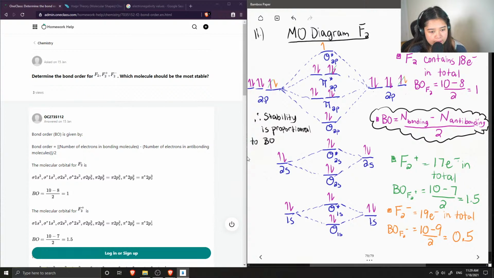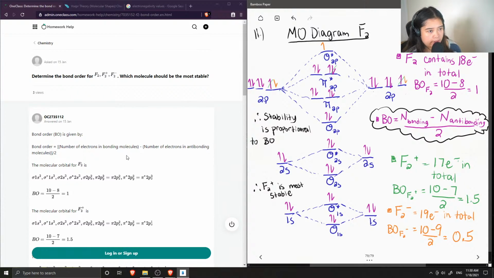So that means the higher the bond order, the more stable the compound is. So therefore, F2 plus is the most stable, since its bond order was the highest, 1.5.